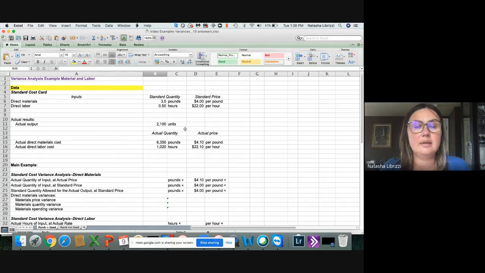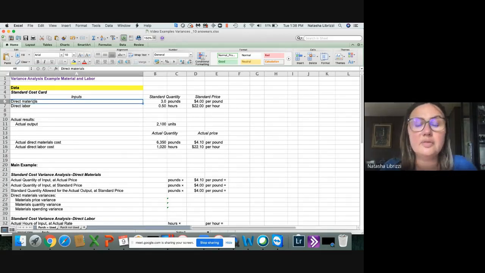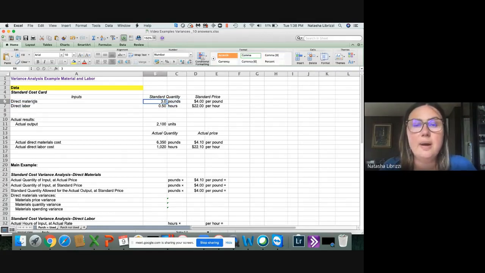data here, we have a problem with direct material standards, we need 3 pounds per product. I don't know, what should we make? Let's make bikes.